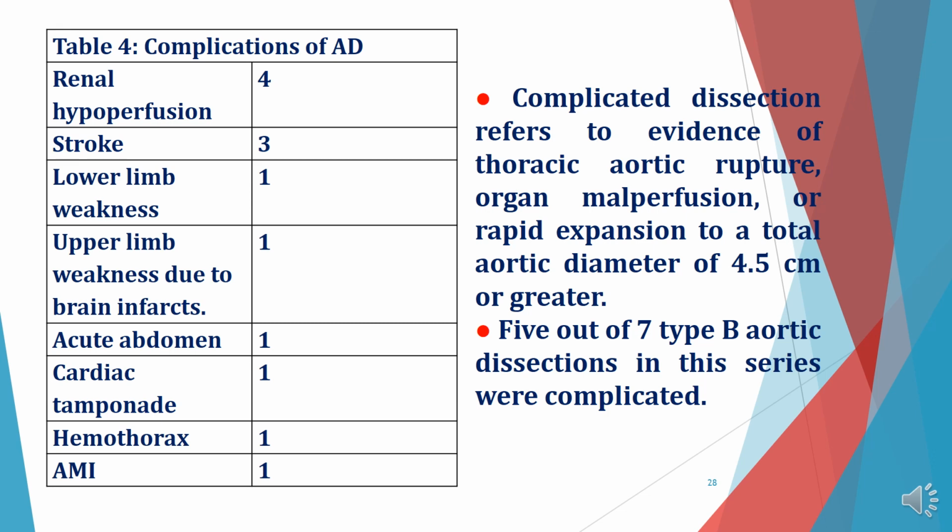Complicated dissection refers to evidence of thoracic aortic rupture, organ malperfusion, or rapid expansion to a total aortic diameter of 4.5 centimeters or greater. 5 out of 7 type B aortic dissections in this series were complicated.